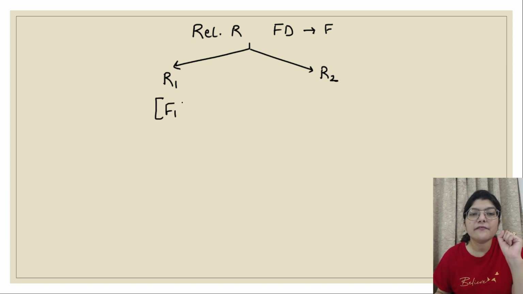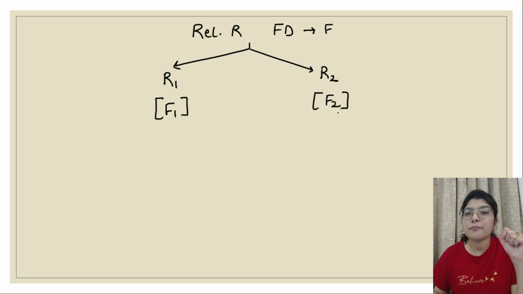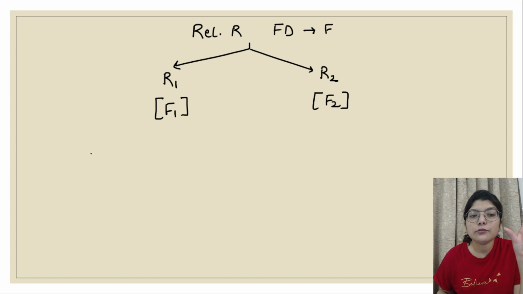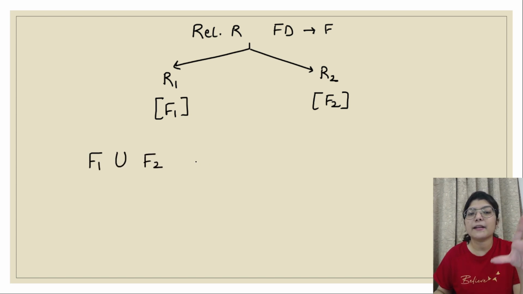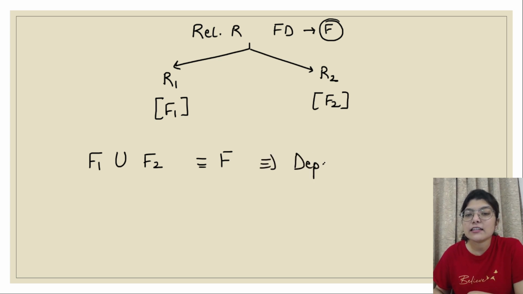Some functional dependencies will become part of R1, some will become part of R2. When you do the union of these functional dependencies, the result should be F. If your result is F, then we say that the dependency is preserved.